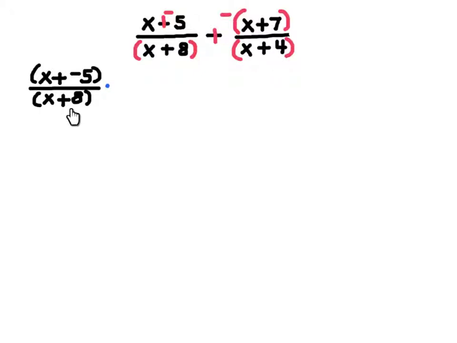So I need to multiply this rational expression essentially by a 1, but I'm not going to write it in terms of a 1. I'm going to write it as a ratio of x plus 4 over x plus 4. That's equal to 1, and I don't change the value of the original rational expression because I've actually multiplied it essentially by 1.